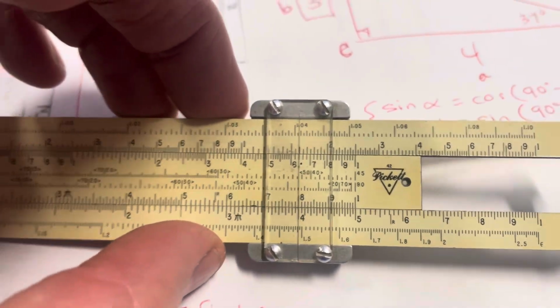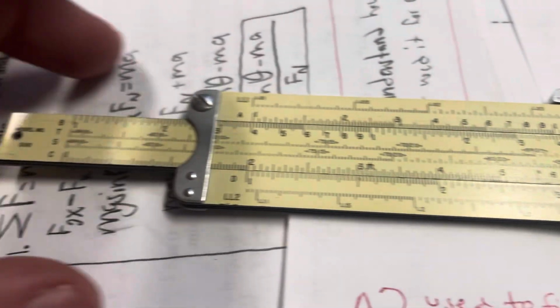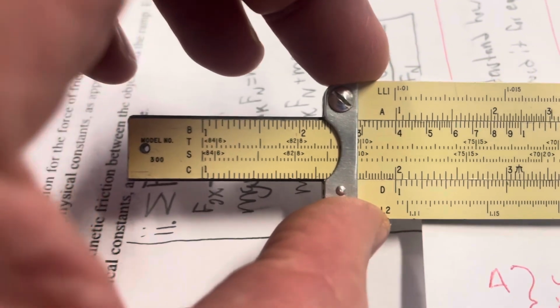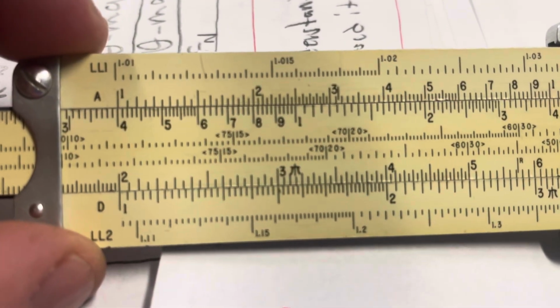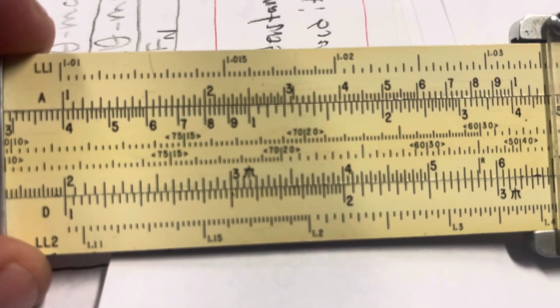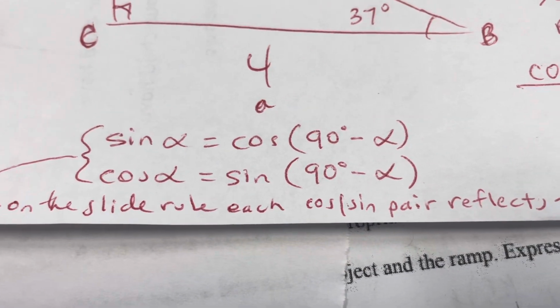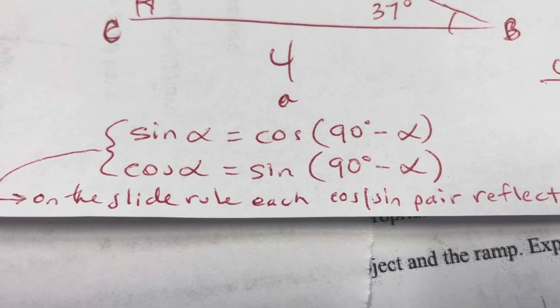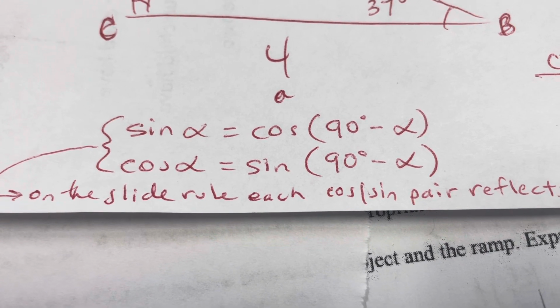Now the interesting thing is the sine and cosine. It says sine, but the opposite number is cosine. That's on the left. There's a little rule: the sine and cosine are related to each other within 90 degrees minus the angle.